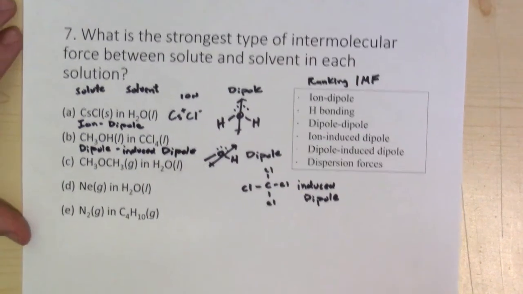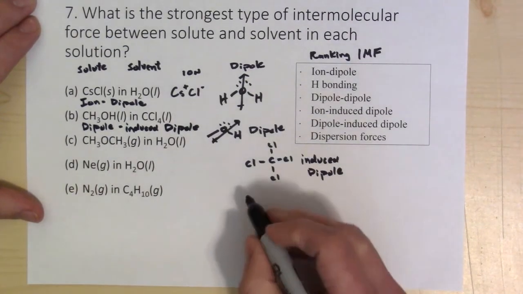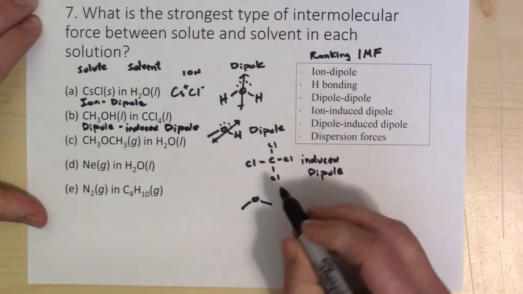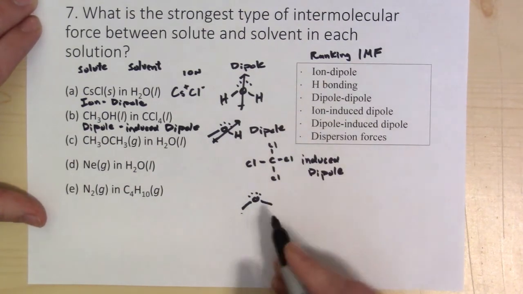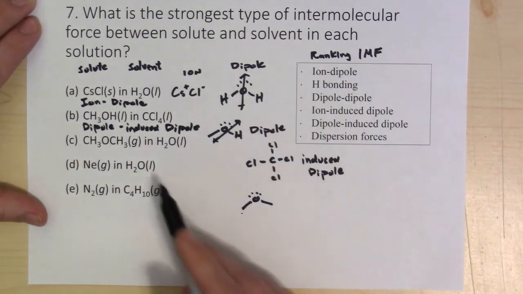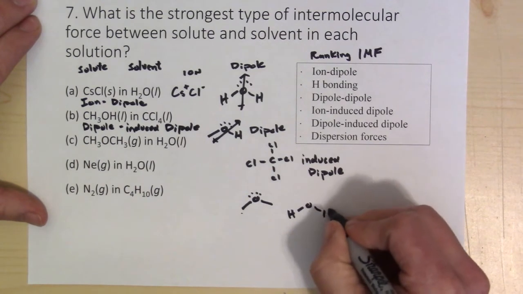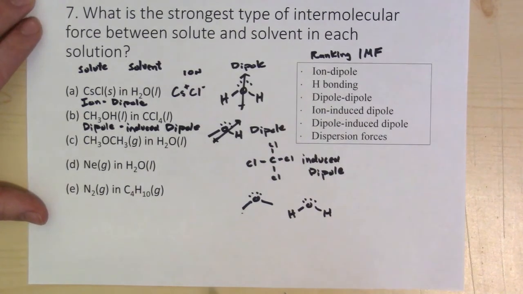All right. Moving to C, we have dimethyl ether, which I'll draw here. So 2 CH3 groups connected to the central oxygen, that's dimethyl ether, and that is in water, which is similar in structure, but instead of 2 CH3 groups, we have oxygen bonded to 2 hydrogens.